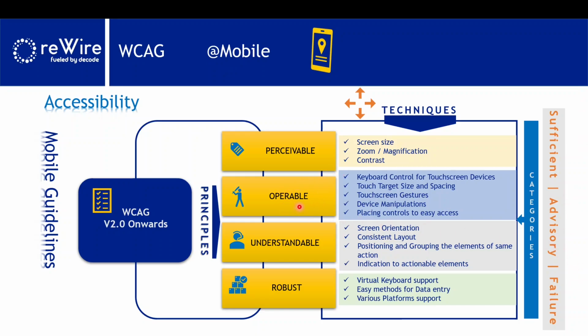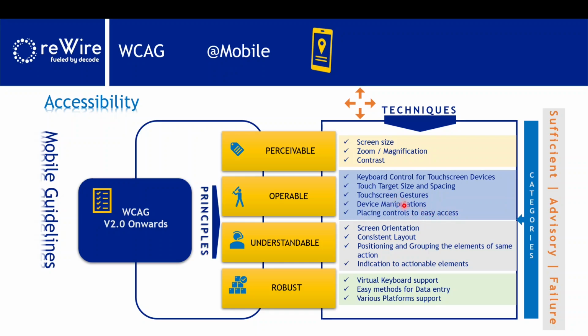And coming to operable, operable means how your application can be operated. These are the techniques, and again these techniques are categorized under sufficient, advisory, and failure. On the operable side, you will see keyboard controls, touch target size, touch screen gestures, device manipulations, and placing controls for easy access.